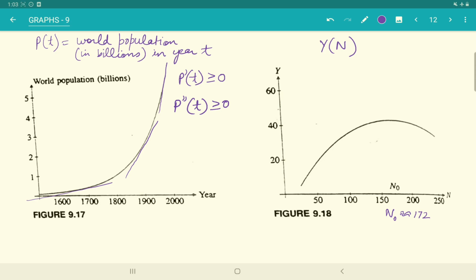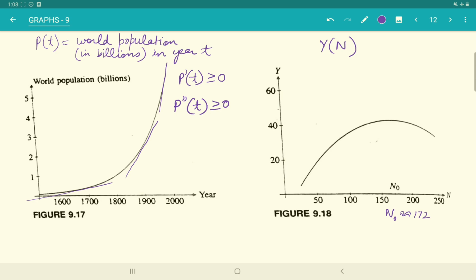Because here I see that the function has a maximum at n equal to n naught, which is around 172. So when you put in approximately 172 pounds of fertilizer per acre of land, you get the maximum production of wheat. In this case, we see that y of n is concave.